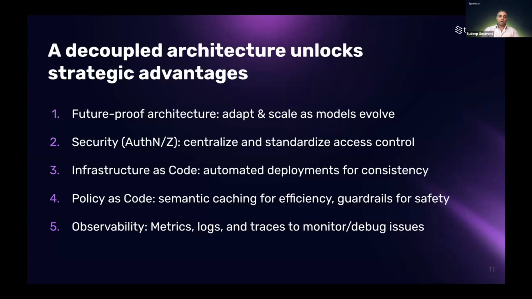As you're deploying policies around semantic caching for efficiency reasons, or putting in guardrails for safety reasons, to us those are policy attributes, and you can deploy policy as code by allowing for this strategic decoupling. And last but not least, we already touched on this, you also get standards-based observability, where you're able to look at metrics, logs, and traces across your architecture to both monitor and debug issues.